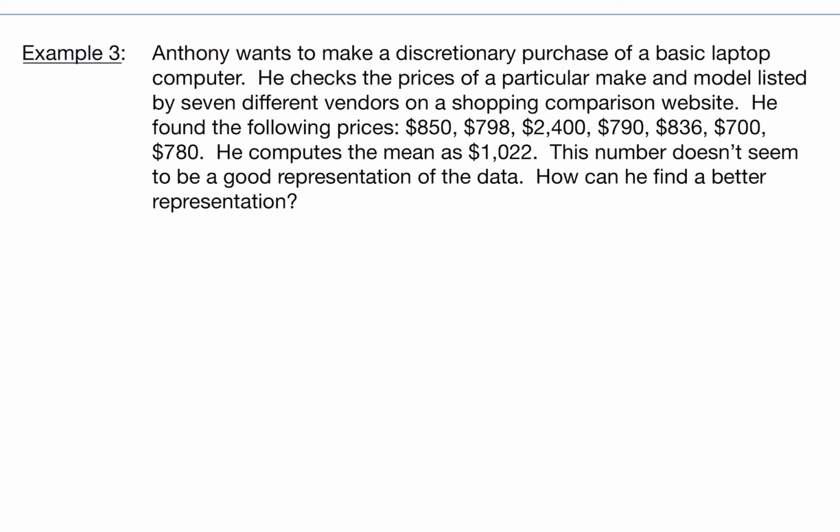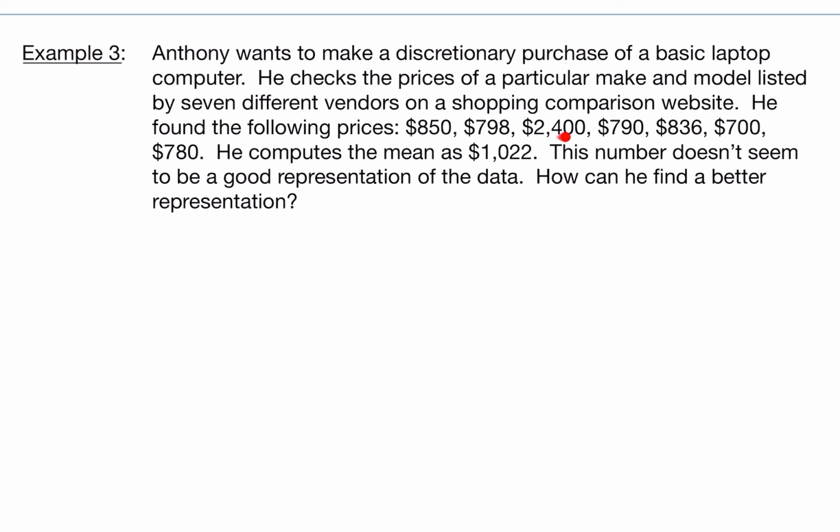Now, first thing to note, 1,022 does not seem like a good representation because we see values of 850, 798, 790, 836, 700. So we would expect the average cost to be closer to some of those numbers.